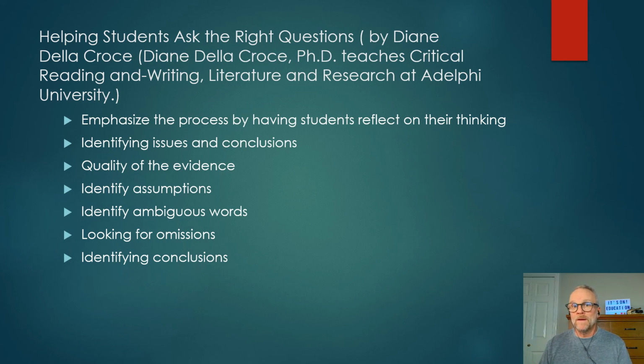Are you assuming that it will help people that are older or younger? What kind of data did they gather? What kind of experiments did they use? And what assumptions did they make? Identify ambiguous words like maybe, is supposed to, maybe words that aren't quite as backed by a study or a set of data. Maybe they're just opinions. Identify the conclusions that the author made and look at those critically as well.